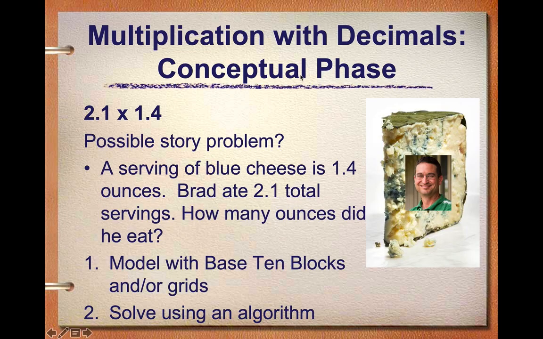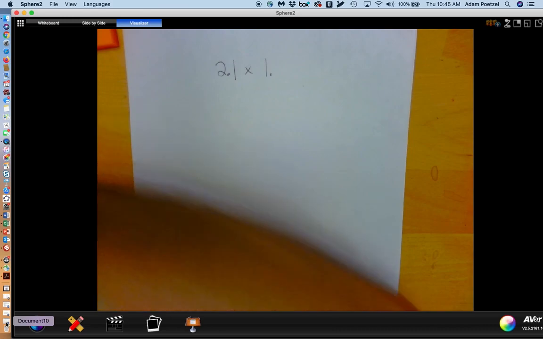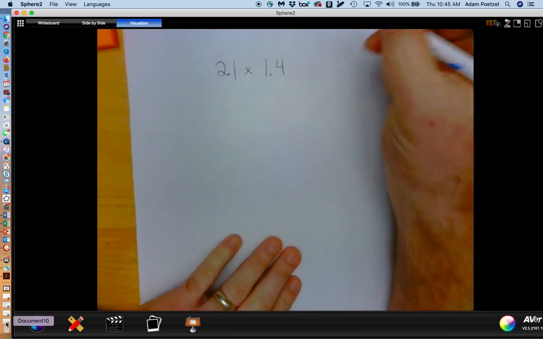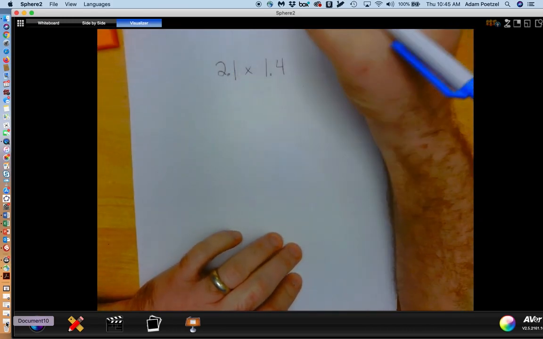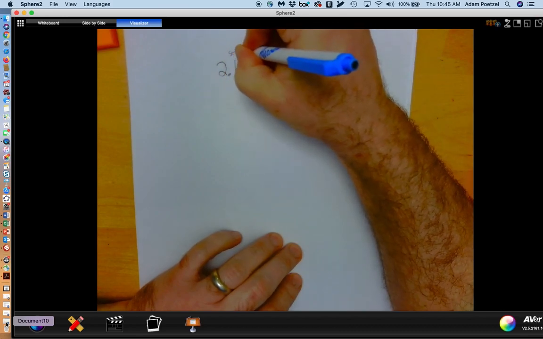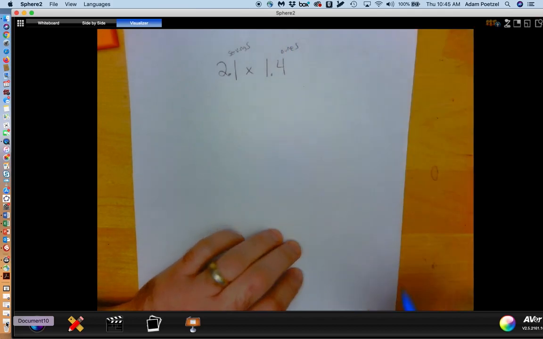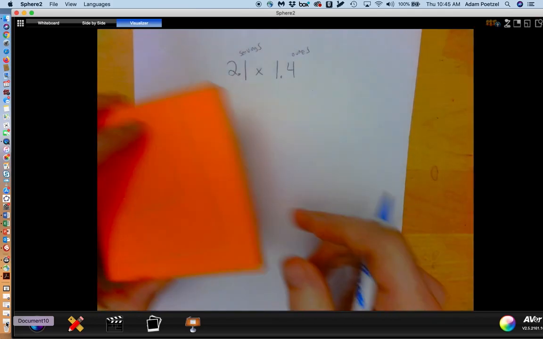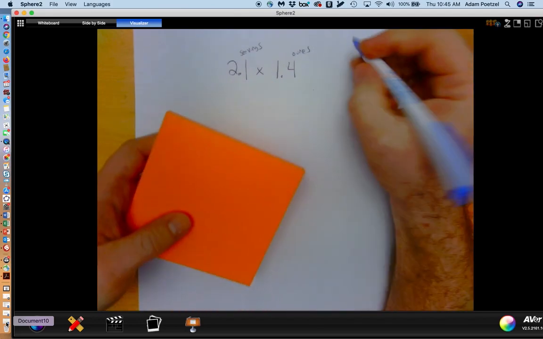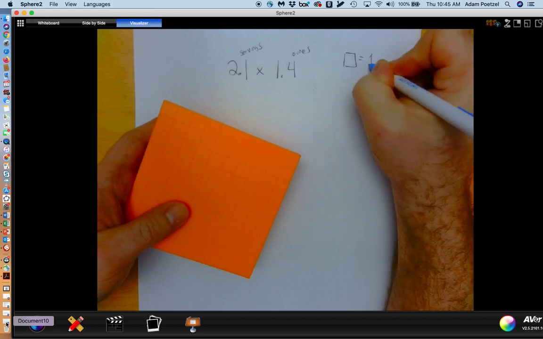So we have, oops, sorry, wrong thing. Let's bring up that. There we go. So we have 2.1 servings and ounces here. So again, if we define something to be our whole, in the end, we're wondering how many ounces he ate.